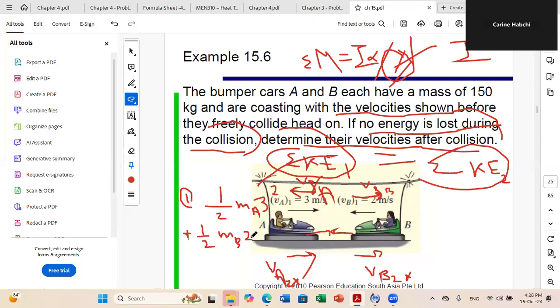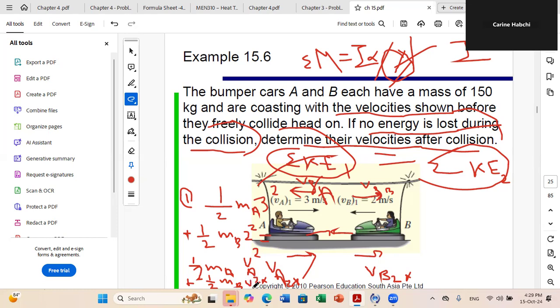This is the total kinetic energy at the initial state, equals, at final state, half MA VA2x squared plus half MB VB2x squared. Okay, so this is my first equation.